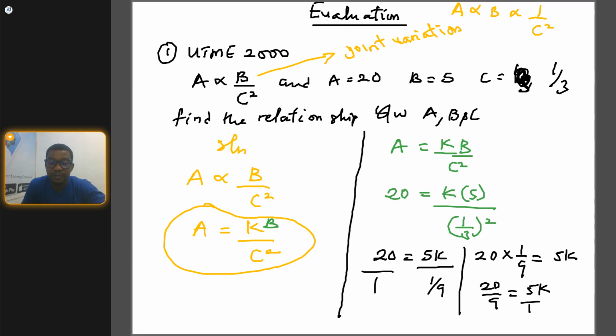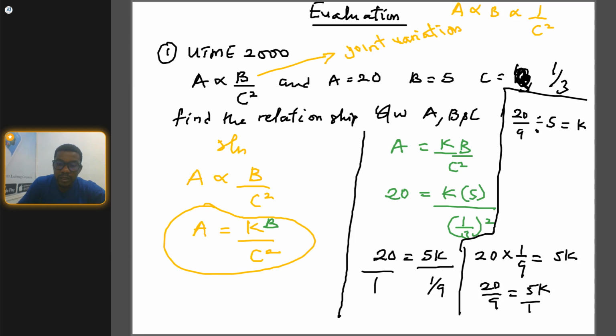If you divide both sides by 5, you have 20 over 9 divided by 5 equals K. That is 20 over 9 multiplied by 1 over 5 equals K, which is 20 over 45.